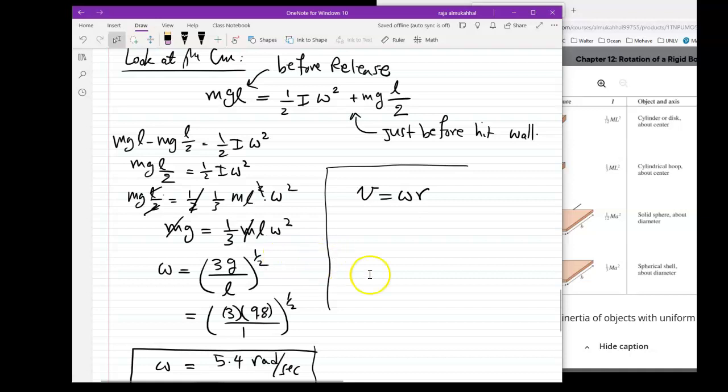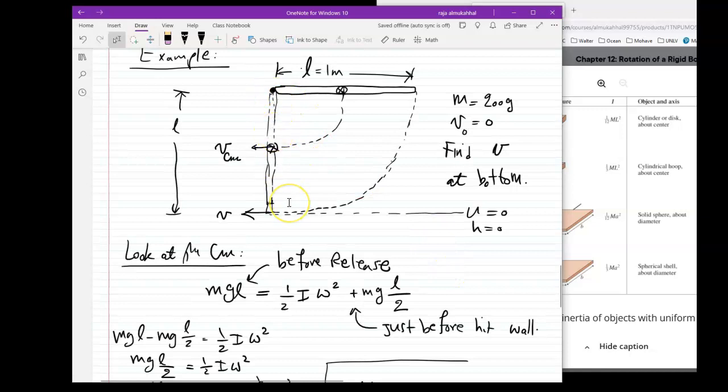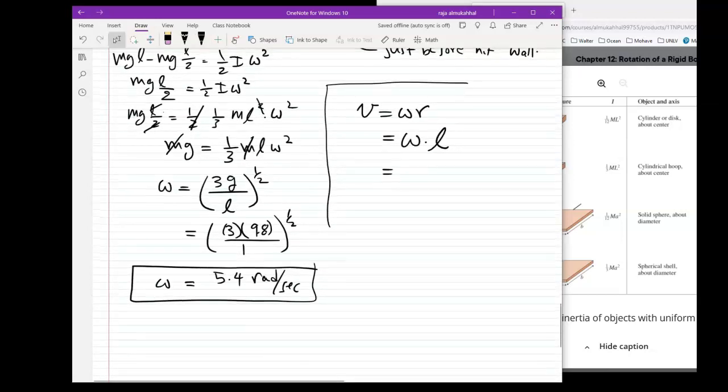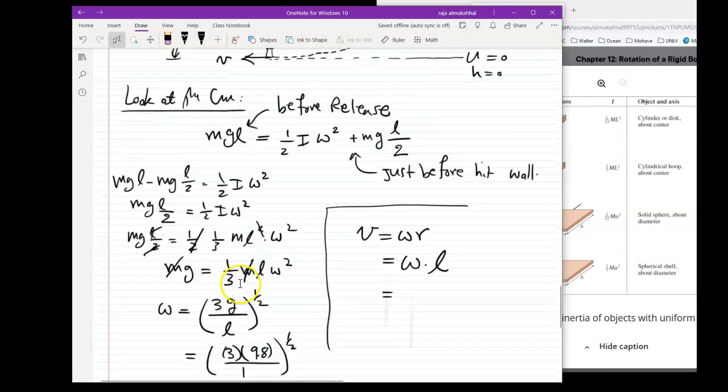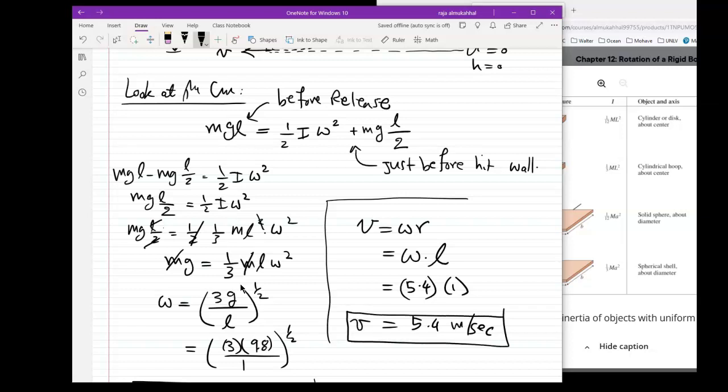Here, the r is basically the length of the rod, so v equals omega times L, the entire length of the rod. Omega is 5.4 times 1, and that's equal to 5.4 meters per second. Okay, now I'm done with the problem.